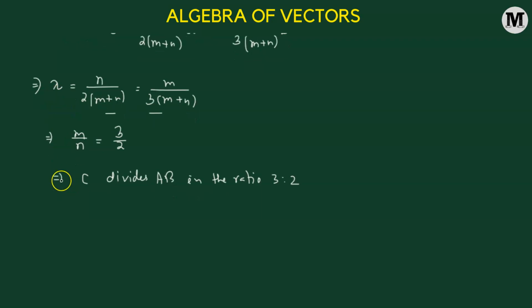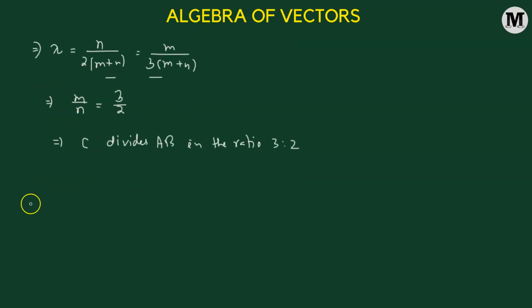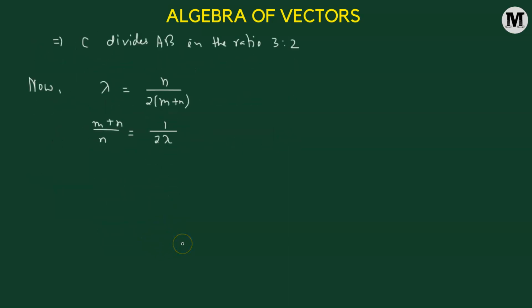Okay, now we need to find out the value of lambda. So let's consider lambda equals n over 2 multiplied by (m plus n). We're going to rearrange this. So here we have (m plus n) over n equals 1 over 2 lambda. Now, what is m over n?